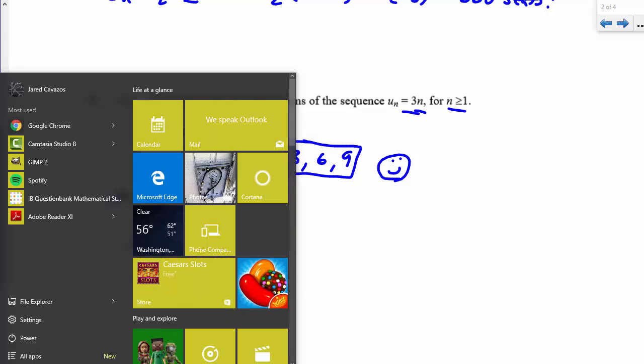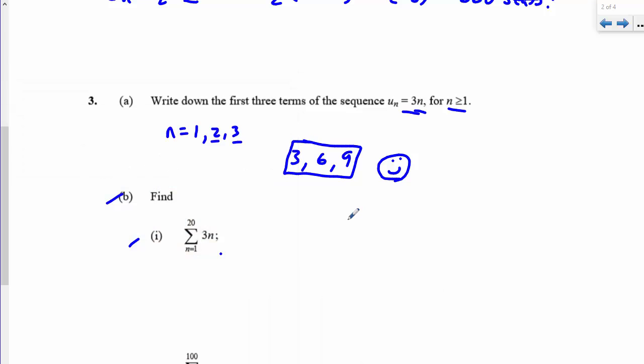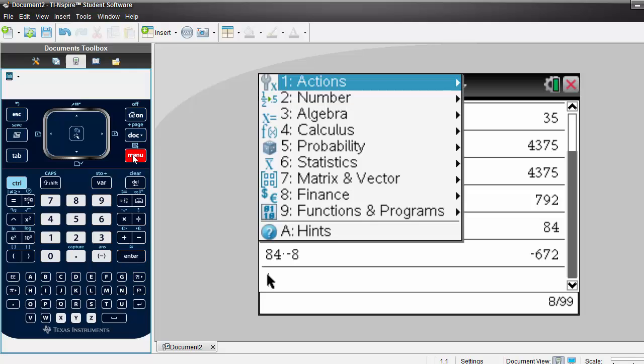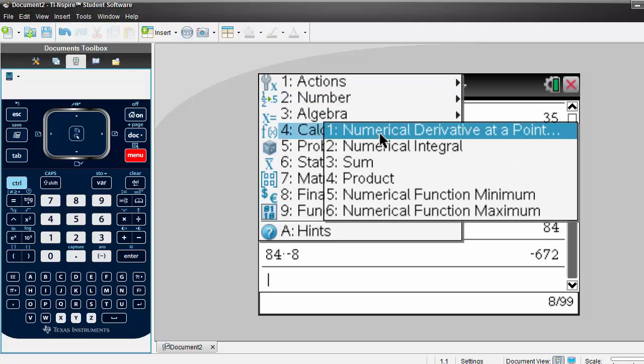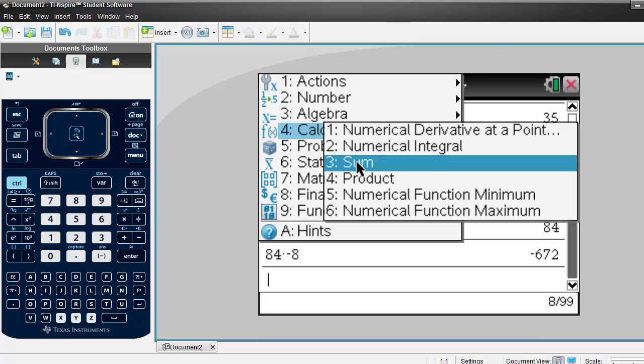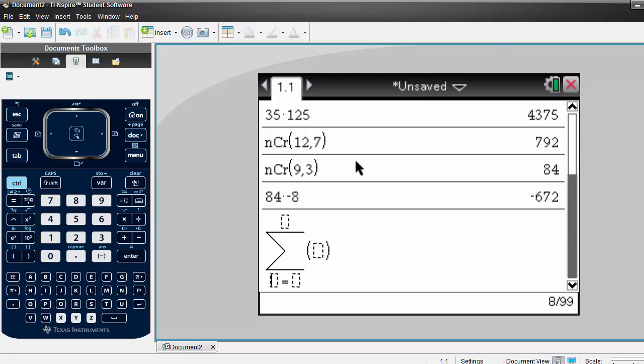I'm going to open up the calculator. And once you get this calculator going, what you're going to do to get that sigma up is go to Menu. You're going to go to Calculus, actually, and it's going to say Sum. Menu, Calculus, Sum. And it's going to put in a sigma already for you.